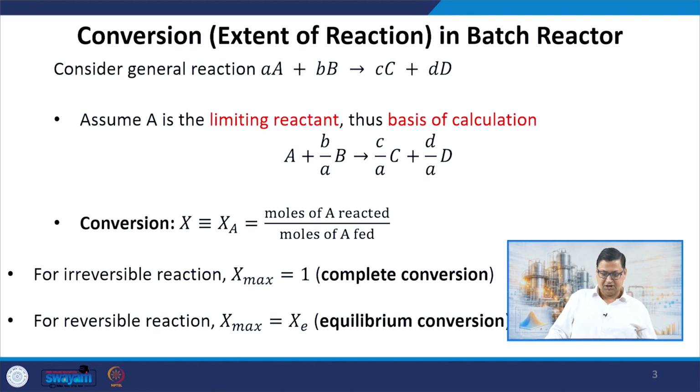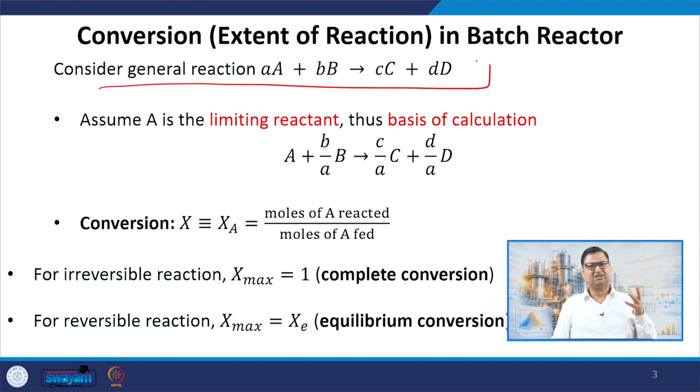Okay. So, we typically talk about the extent of reaction in terms of conversion in all kinds of reactor. Just to demonstrate the idea of conversion, let us imagine you have a general kind of reaction like this. We have discussed this kind of reaction earlier when we discussed chemical kinetics, and let us assume that A in this case is the limiting reactant, and therefore, we are going to use that as the basis of calculation.